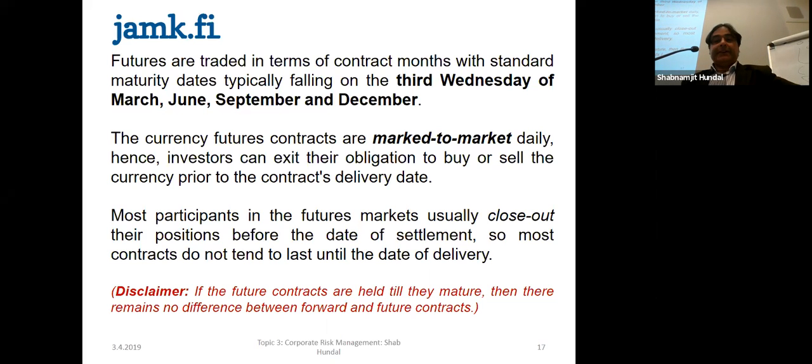Coming back to this time thing, even though, as I said, in 99.99 percent of cases you will not keep the futures till the end of the period, still there has to be some expiry date. Normally, there are 4 expiry dates in a year for the futures: March, June, September, and December.